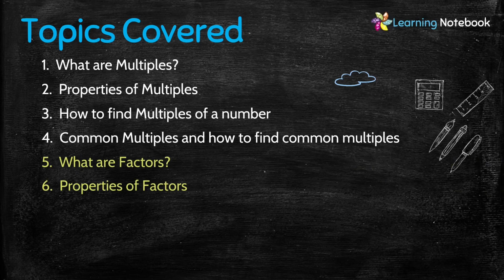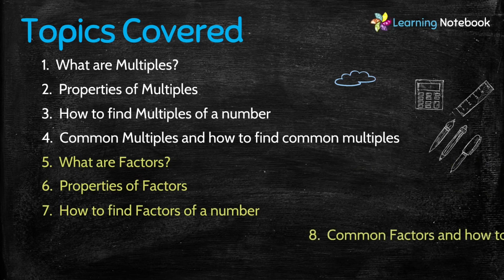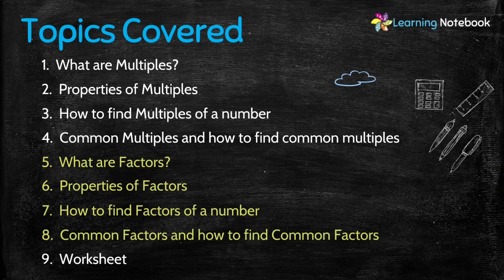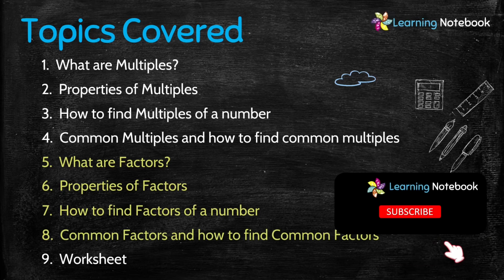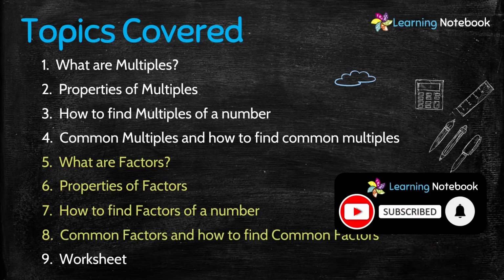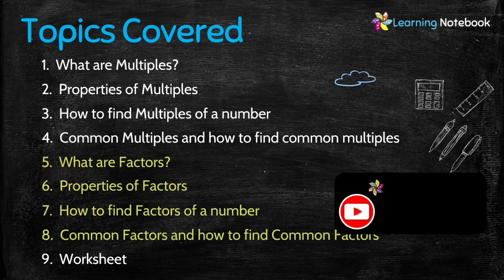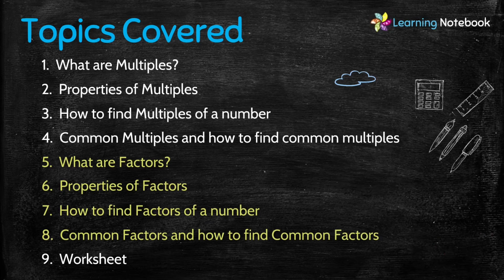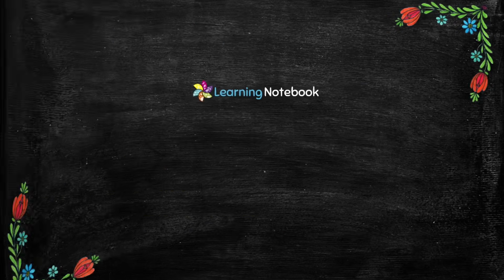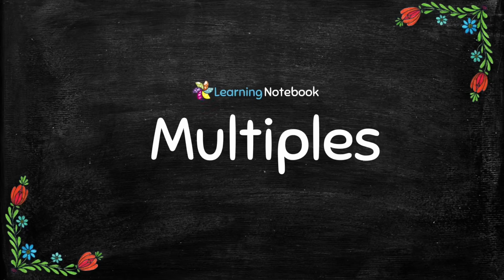Then we will understand what are factors, properties of factors, how to find factors of a number, what are common factors and how to find common factors. Then students, in the end, I will give you a practice worksheet. So let's start and first understand what are multiples.